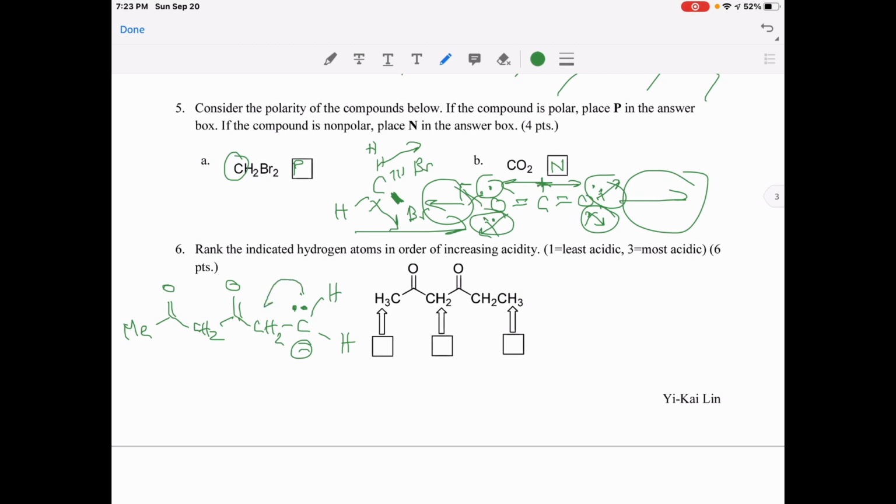You can't move it here because that would violate the octet rule for this carbon, as it's already bound to two hydrogens. And resonance structures don't change the connectivity of the bonds in the molecule. All you're doing is moving the electrons around. So if you break the connectivity, you don't have resonance structures anymore, right? So this structure has zero resonance structures. We'll just note that down.